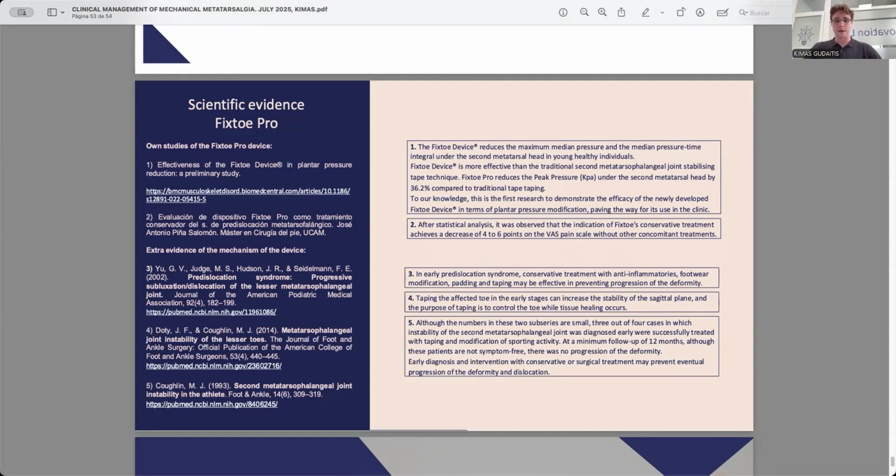We also observed a reduction of 4 to 6 points on the VAS pain scale. And recent studies confirm that early conservative treatment can significantly delay the progression of the deformity, which highlights the importance of acting early and selecting the right tools for each stage.